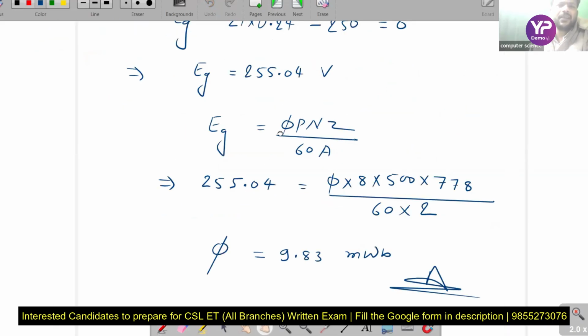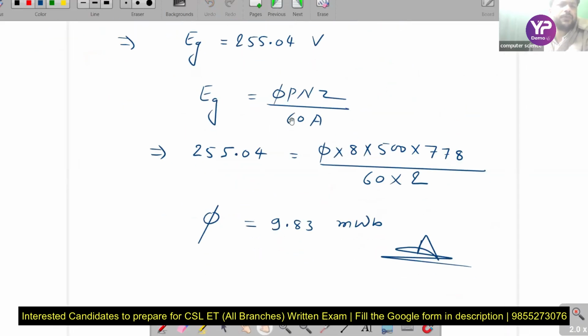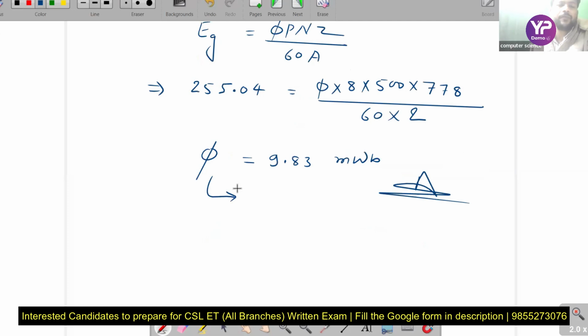In the equation Ez equal to phi P Nz upon 60 A, here we write phi, and this is the useful flux per pole, or we simply say flux per pole.